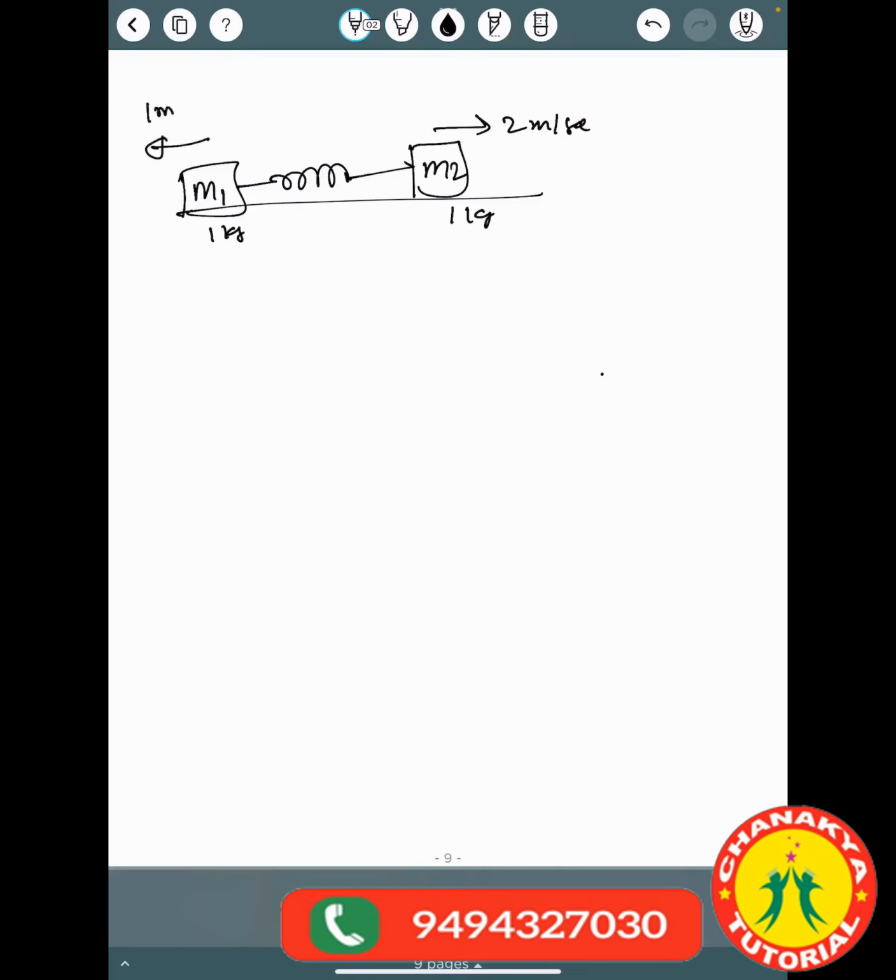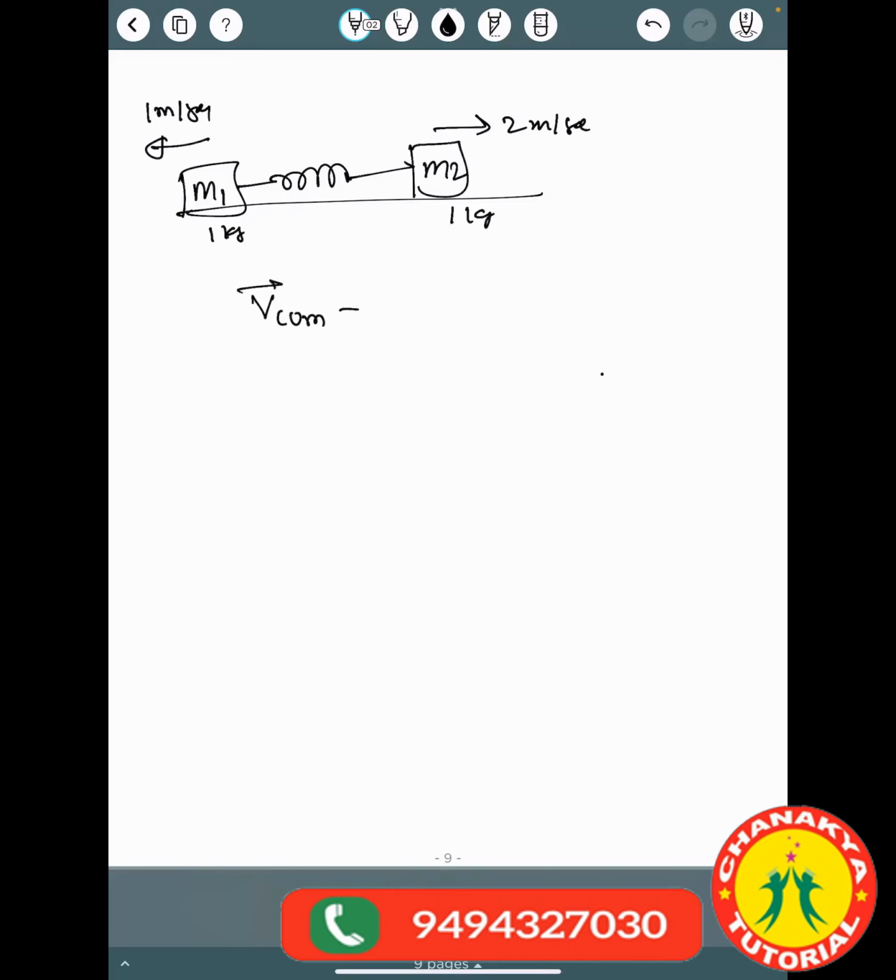So see, you have m1, let's say, and you have m2. Let's say I'm giving each 1 kg. I'm giving 2 meter per second like this and 1 meter per second like this. I want to calculate the velocity of the center of mass.